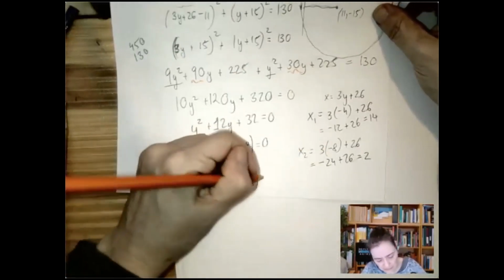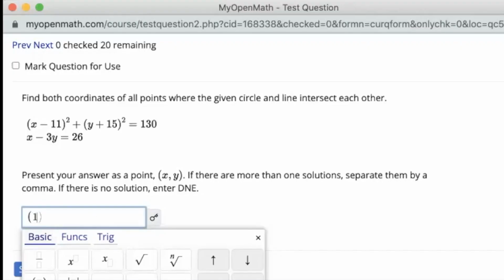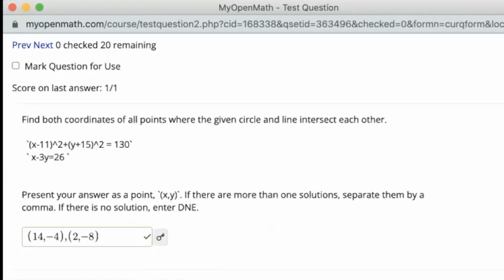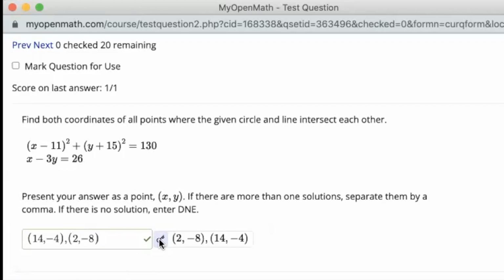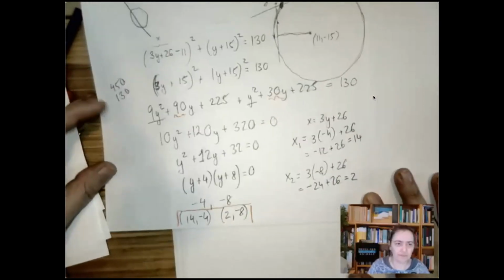So we think that these are the intersection points. First point was (14, -4). The second point was (2, -8). And yes, we got them right. Excellent. Thank you for watching.